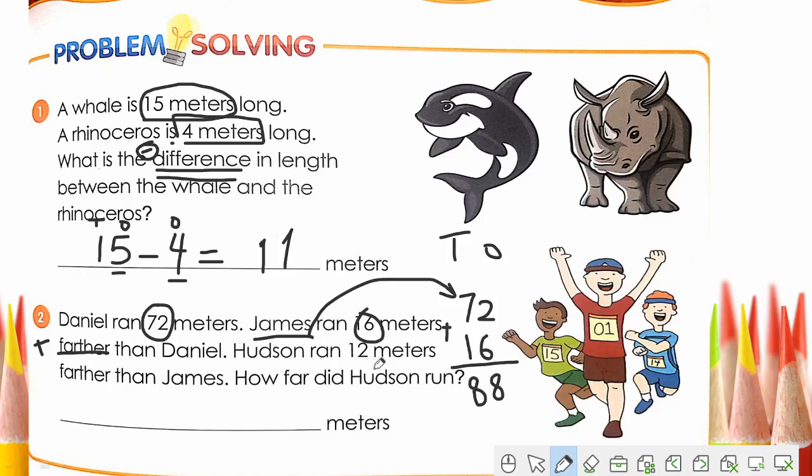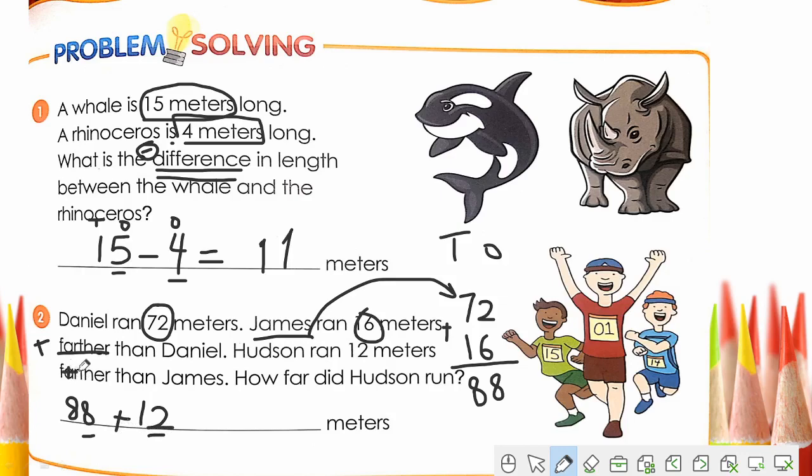Hudson ran 12 meters farther than James. So 12 meters more than James. James 88 meters. He ran 88 meters plus 12. Underline the ones.